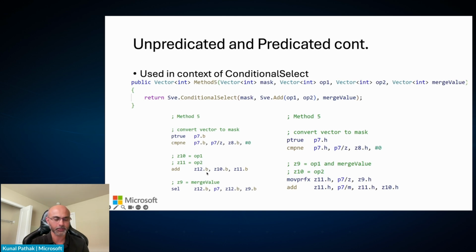For example, here the registers were different, so we generated the unpredicated version, but then we use the SEL instruction, which is essentially the conditional select instruction, to pick the contents from the appropriate lanes. On the right hand side, since the destination registers were the same, we just emit the predicated version of the add instruction.